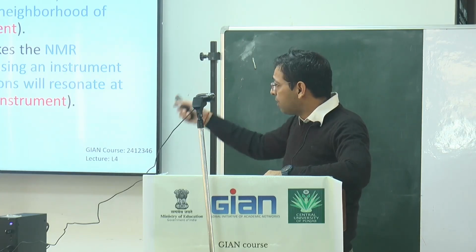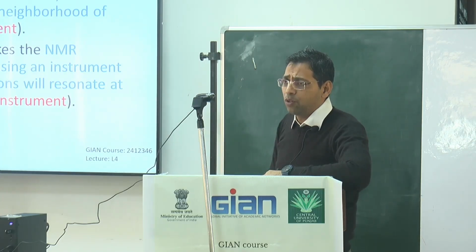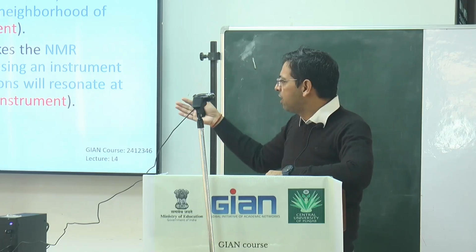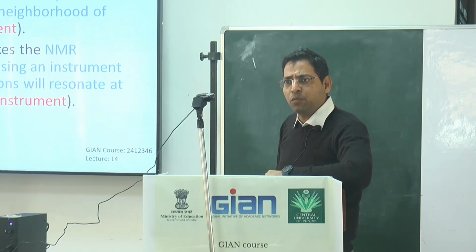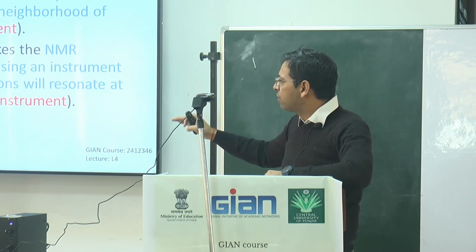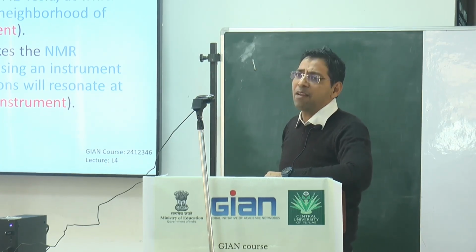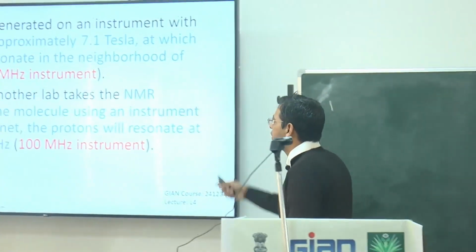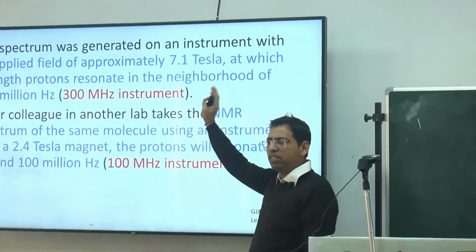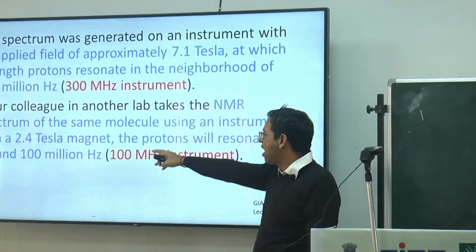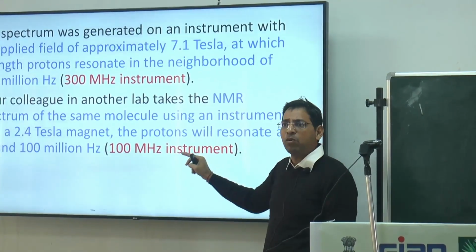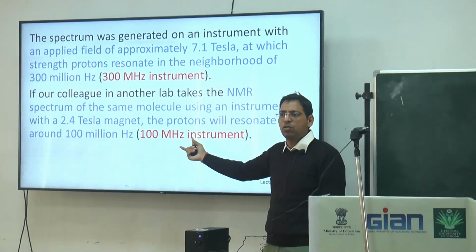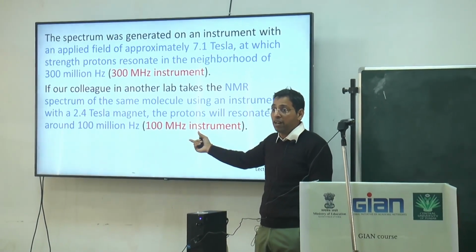Now, this is the same thing that I told you. You can use a 300 megahertz instrument, and someone is using a 100 megahertz instrument, and both of them are giving different data. This one has a magnetic field of 7.1 Tesla, this one 2.4 Tesla, and they can resonate any proton. This is the resonance power up to 100 megahertz, the capacity of that particular NMR.